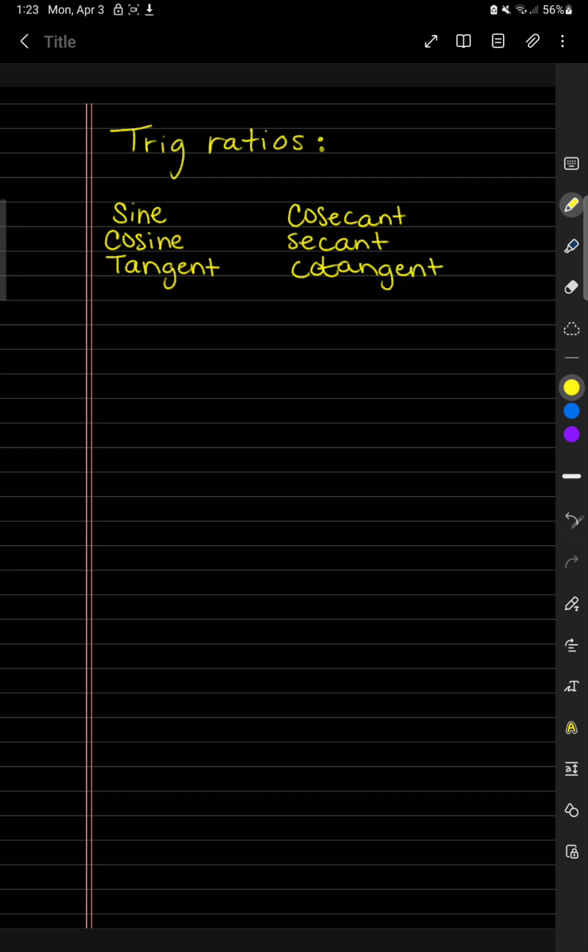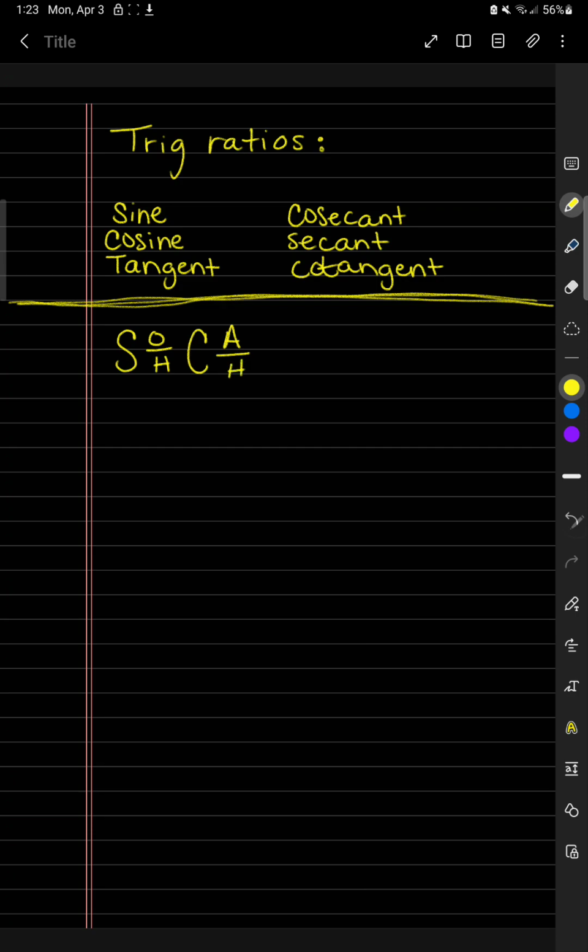So I recommend memorizing the 6 functions in this order because we're going to be doing the ratios, and the first 3 are opposite of the second 3. So that makes it a little bit easier to remember. The first thing you want to do is memorize this little acronym, or cheat sheet: SOHCAHTOA.